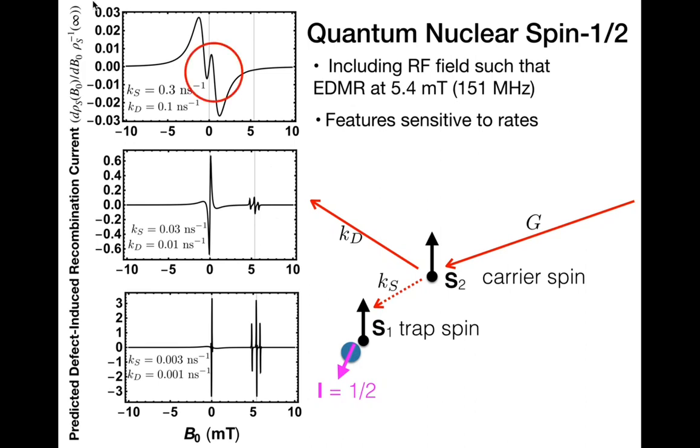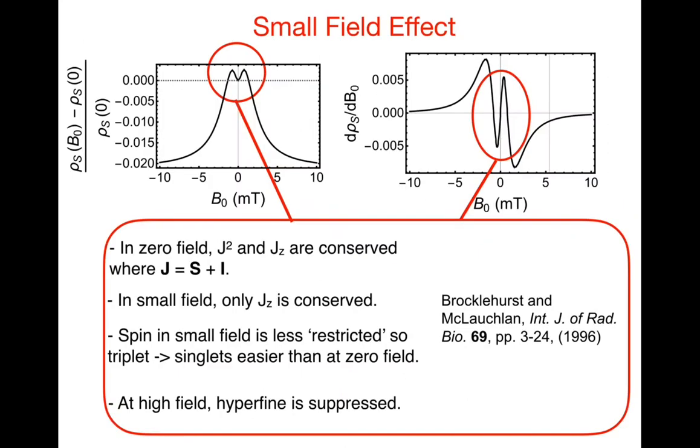What's interesting, though, is this feature around a very small field. This feature actually becomes very large as you decrease these rates, the Kd and Ks rates. It dominates the line shape. The way to understand this, we call this a small field effect. So here's the integrated data, and here's the derivative data.